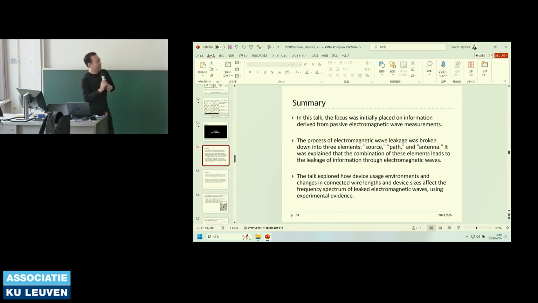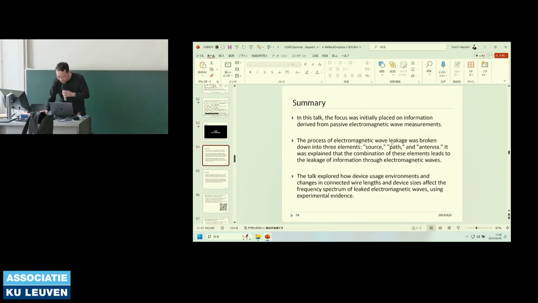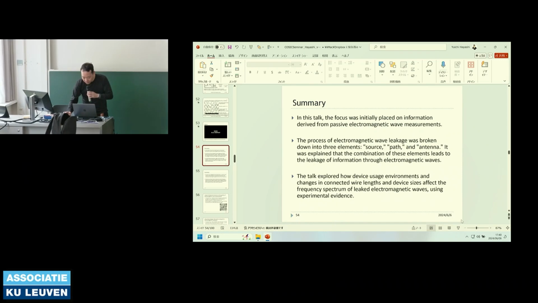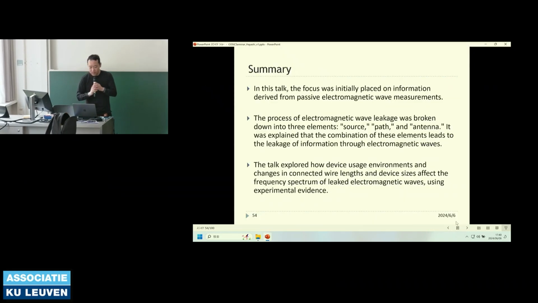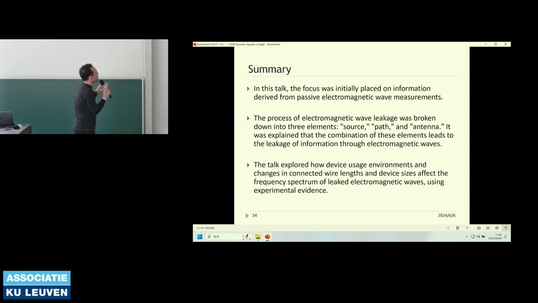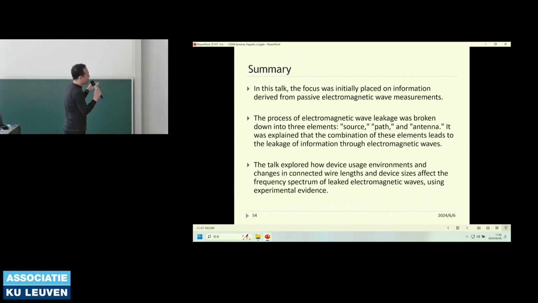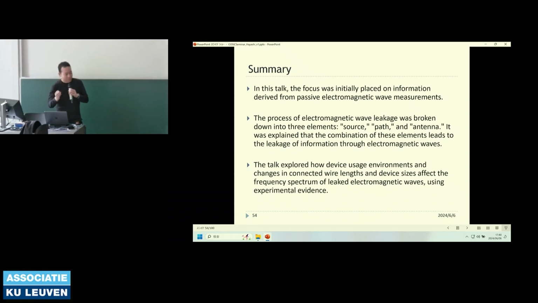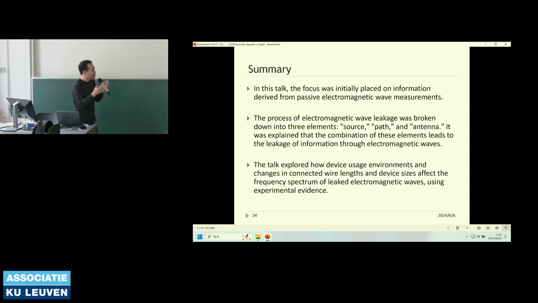Okay, this is the summary of my talk today. In the first part, I focused on the EM environment effect. The next topic was what kind of leakage path we should focus on, the conducted emission or the radiated emission.